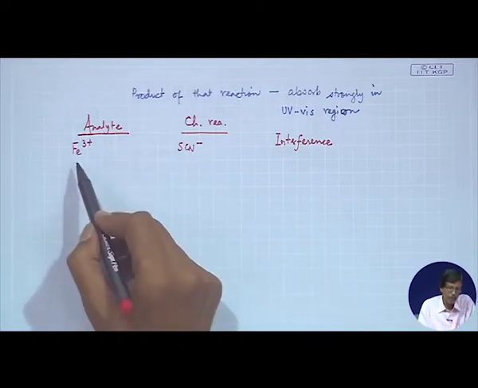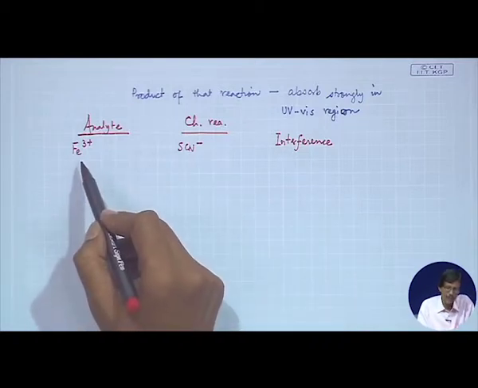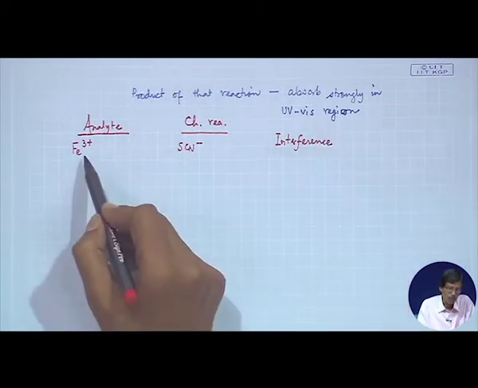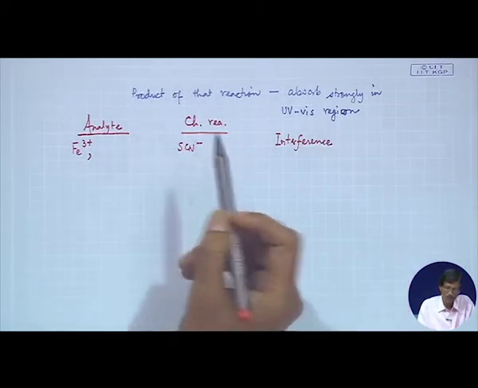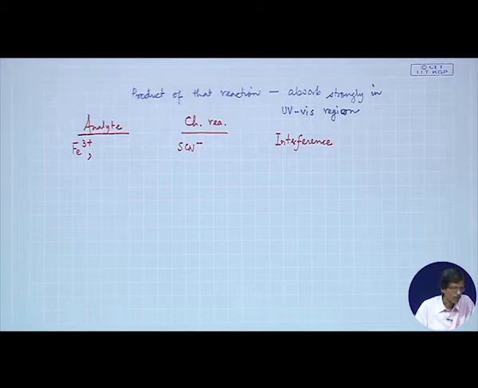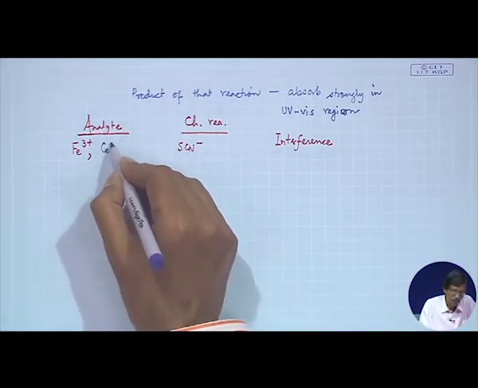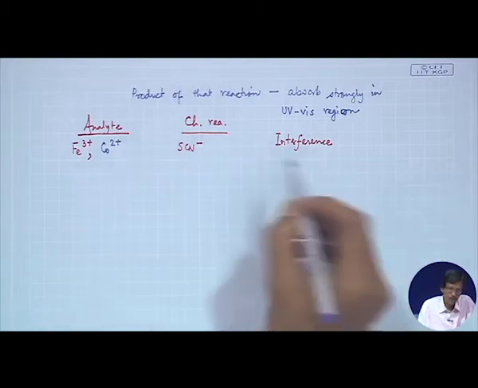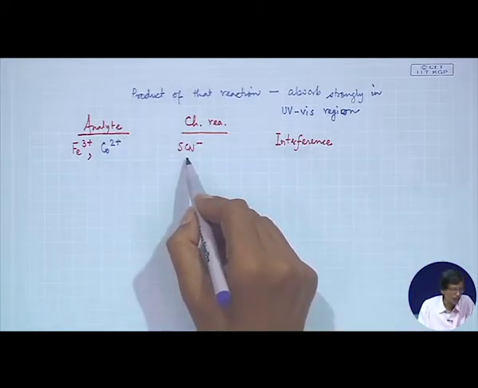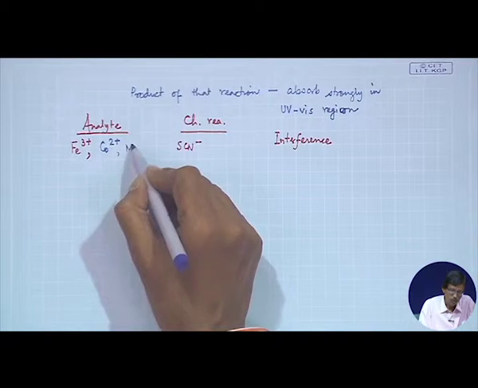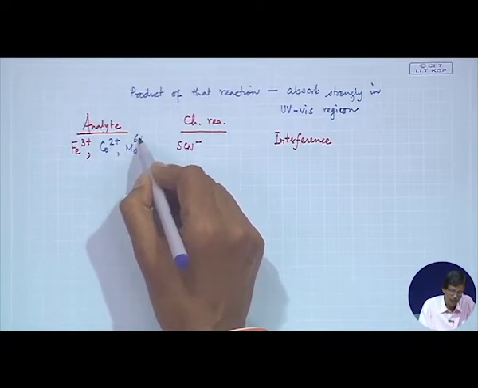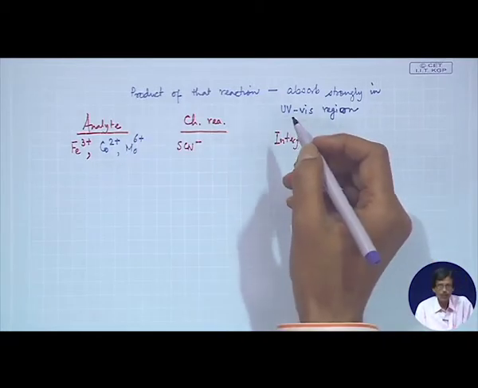It can hamper the absorption of the radiation in the UV region due to only Fe3 plus. So, what we see is that not only Fe3 plus, but cobalt 2 plus can also bind to thiocyanate ion. It can also bind to hexavalent molybdenum, Mo6 plus.